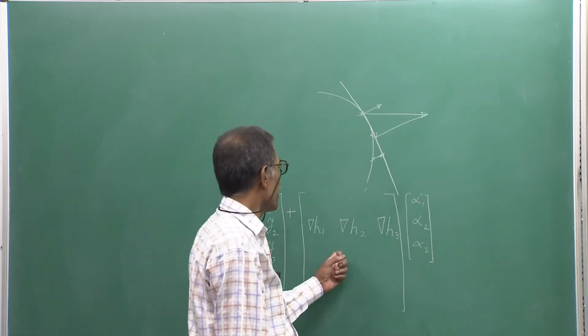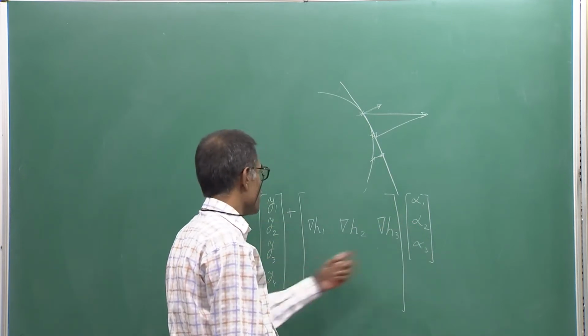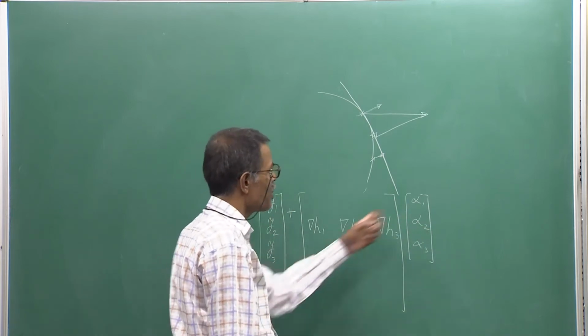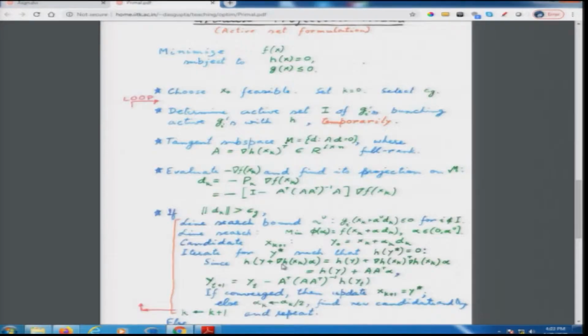So, this is a matrix, this is a vector and this is also a vector. This is a 3 dimensional vector, this is 4 dimensional vector, or you can say this is n dimensional, this is L dimensional. Now, first order Taylor series gives you h of y plus some matrix into alpha vector is h of y plus grad h at the current point transpose this entire change delta y.